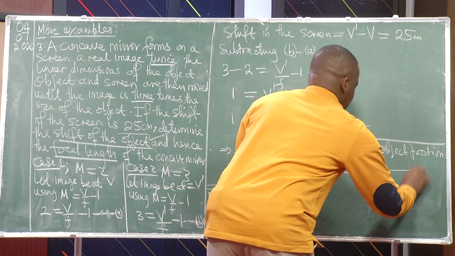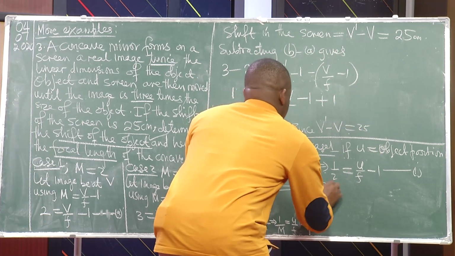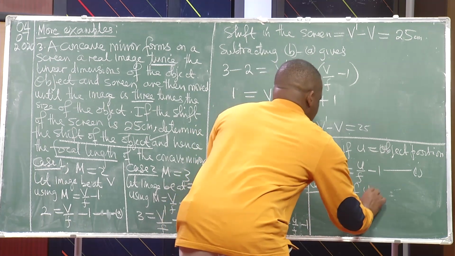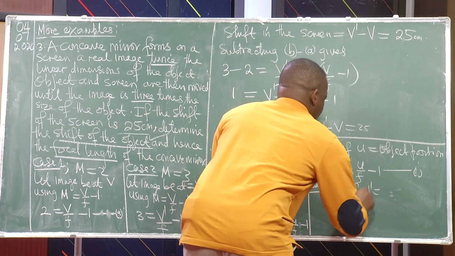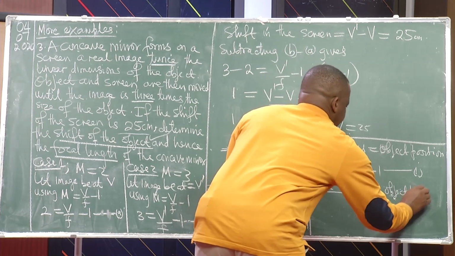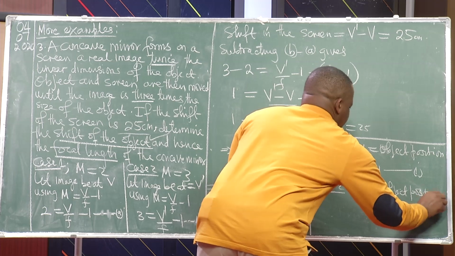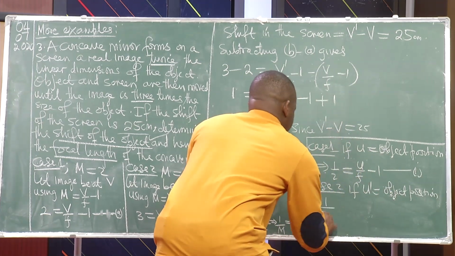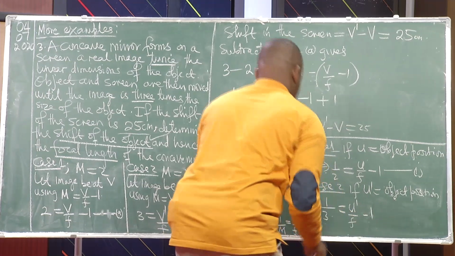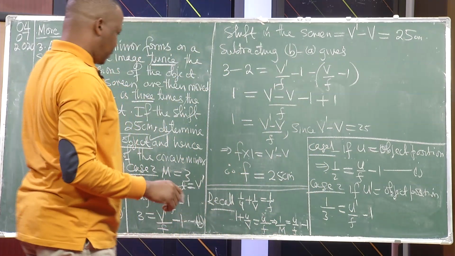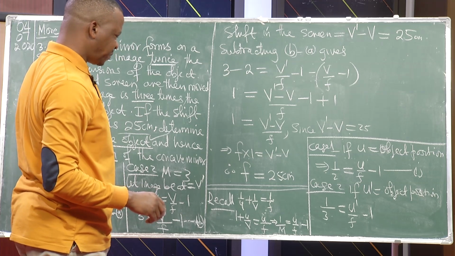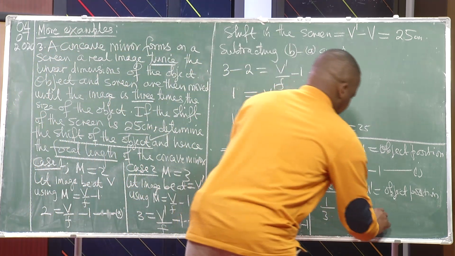I would call this equation 1. Then in case 2, if my object position is u prime, then we can equally get 1 over 3 is u prime over f minus 1. And this can be our equation 2.